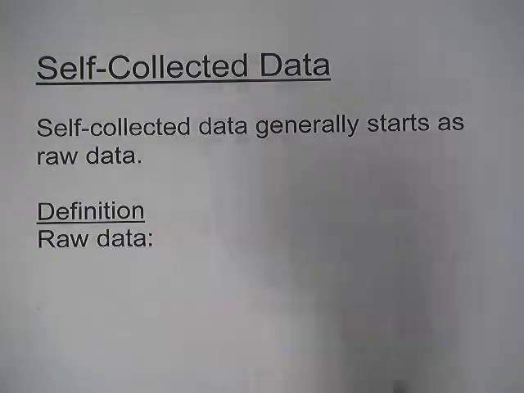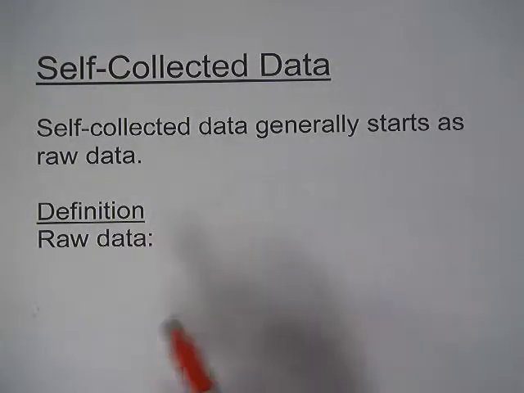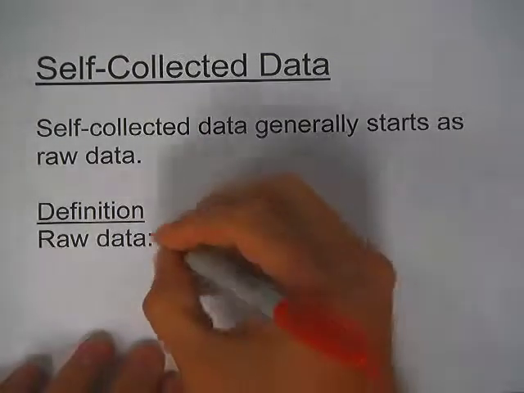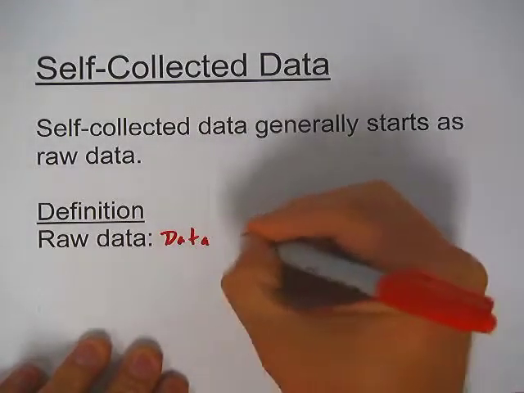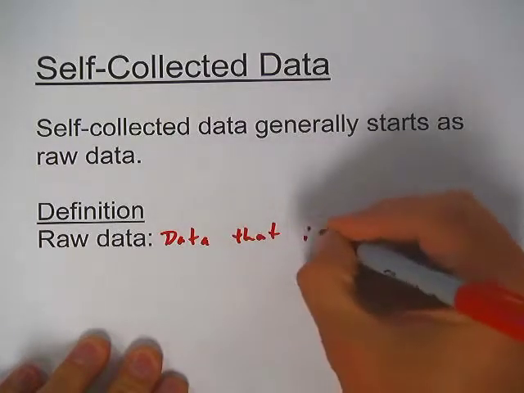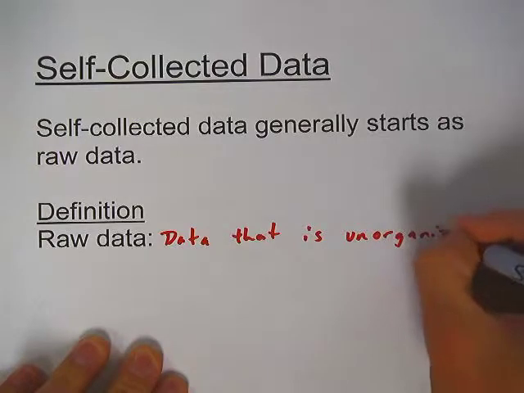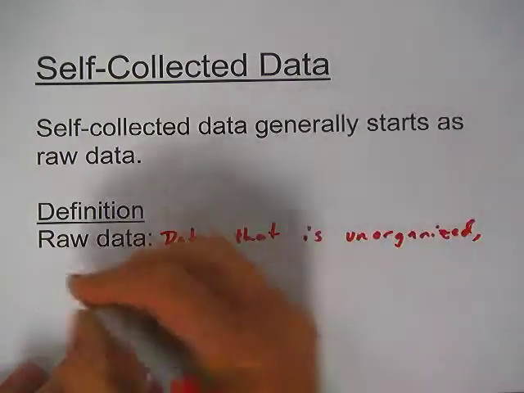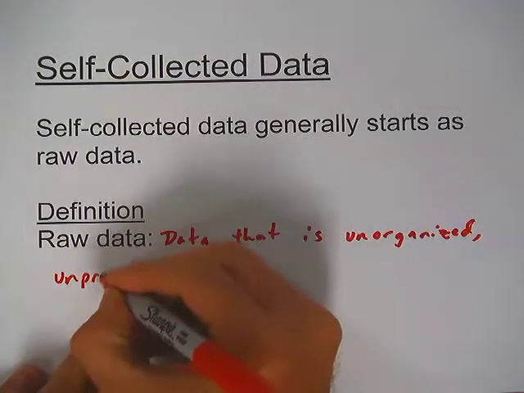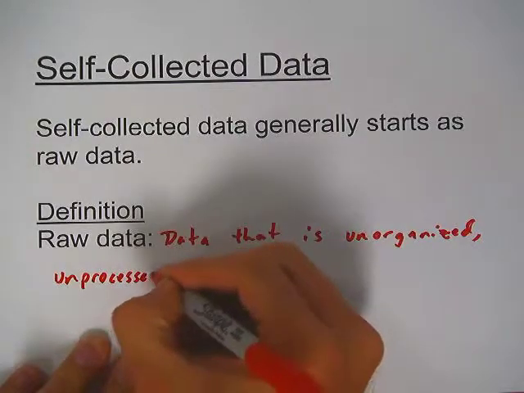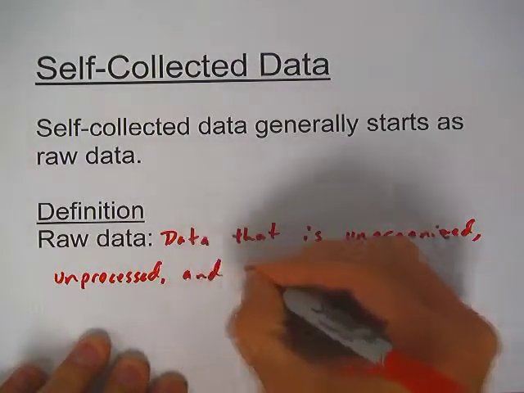So when I collected that data, what I would start with, that big list of data, is called raw data. Self-collected data generally starts as raw data. And raw data is data that is unorganized, unprocessed, and not summarized.